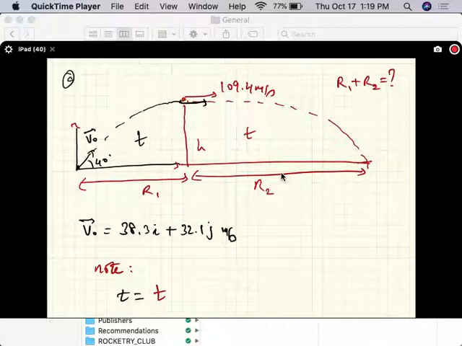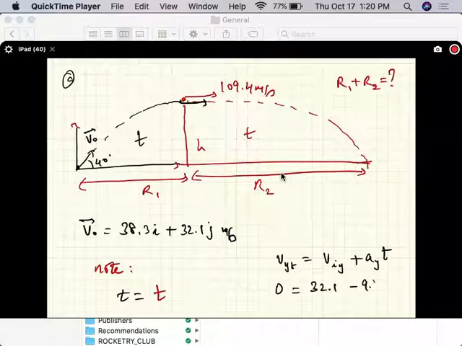All right, let's calculate the black t. So that's how long it takes the guy to get up there. 3.28 seconds. So the time of flight is 3.28 seconds.